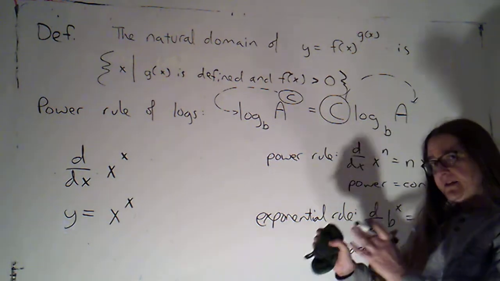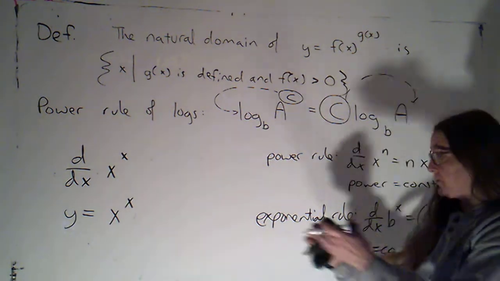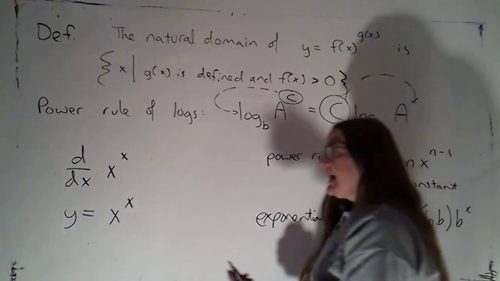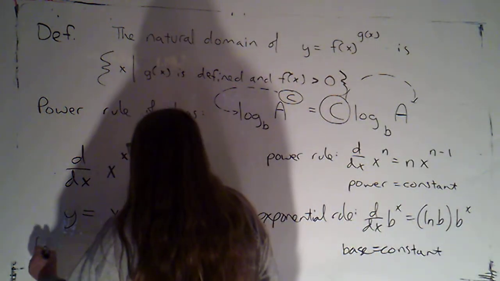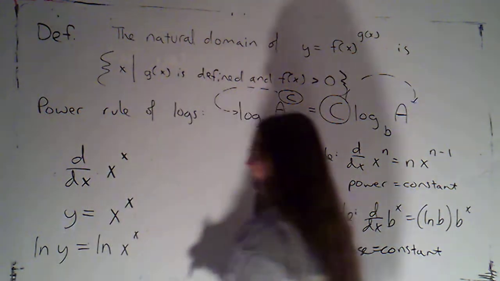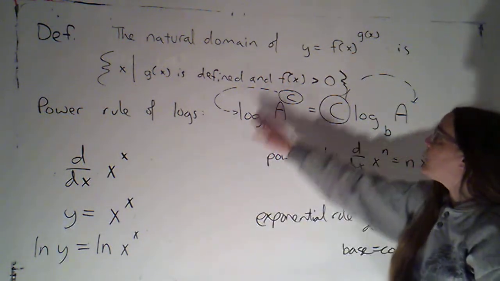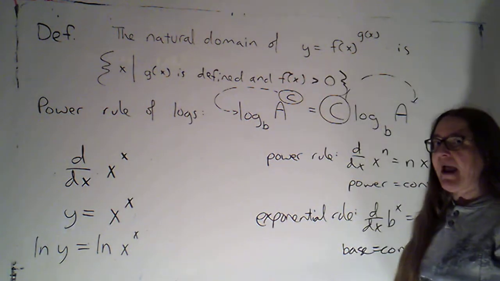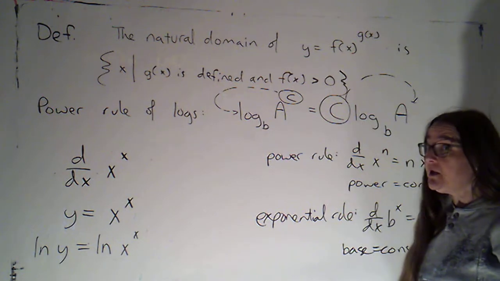And then I'm going to do the same thing to both sides. If those two functions are equal, I can do the same thing to both sides. And what I'm going to do is take the natural log of both sides. This is why I needed this definition, because you may not go around just taking the natural log of anything you want to.